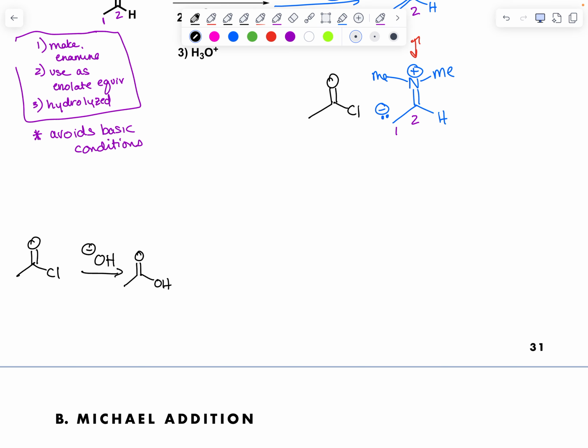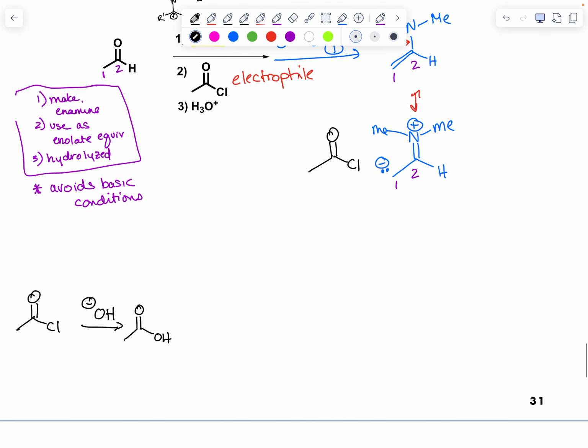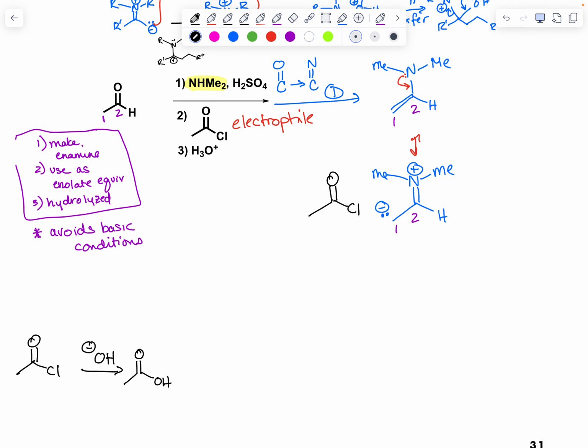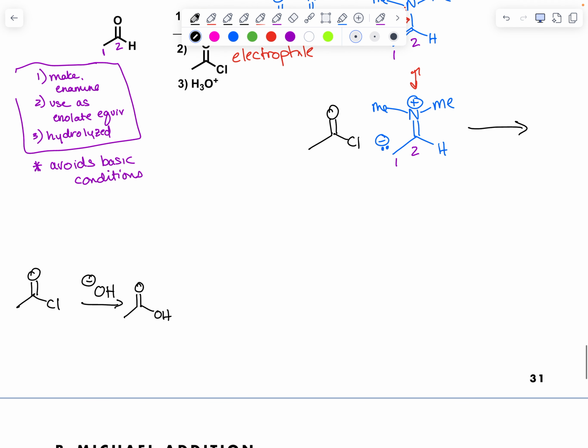So those are carbons 1 and 2. New bond between 2 and carbon 3. 3 is still bound to carbon 4, which is bound to 5 and 6. Putting in my 4, 5, and 6. And we have now a lone pair, minus charge on 4.